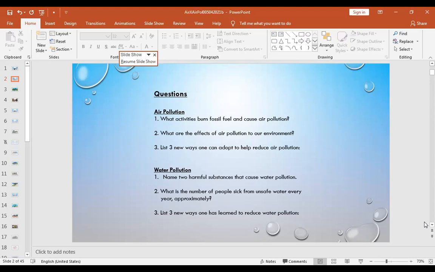Hopefully you will be able to understand what are the activities we do on a daily basis that are burning fossil fuel and contributing to air pollution. And also, number two, the effects of air pollution to our environment. And number three, learn at least 3 new ways we can adopt to help reduce air pollution.